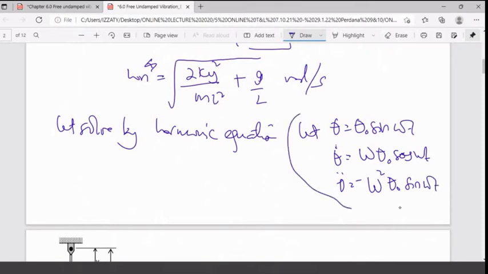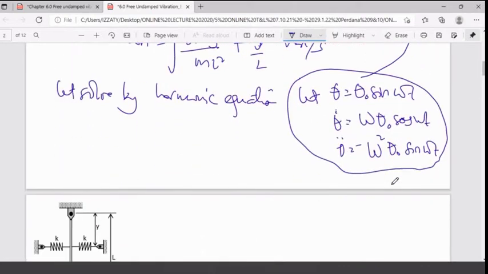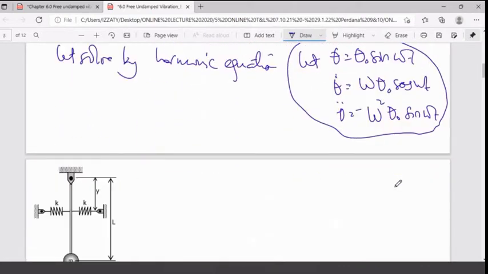And you take this one and you put it in the equation. Put it here. Same thing will give you the same result anyway.